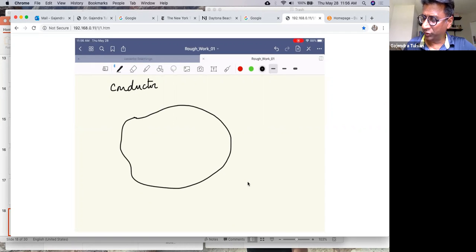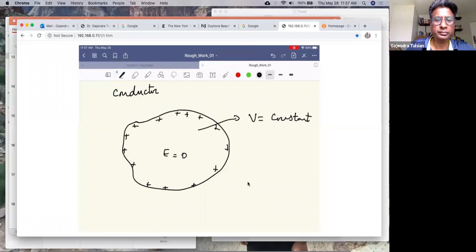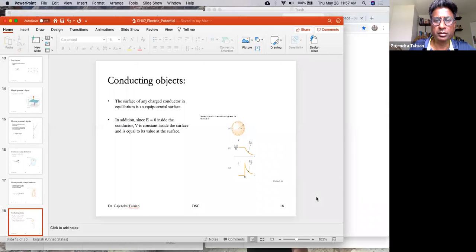If you go to a store and buy some charge, and throw it on the conductor, the charge will reside on the surface. So that's one thing we can say. The second thing we can say is E equals 0 inside the conductor. And now from this chapter, what we can say is V is constant everywhere on the conductor. Okay. So we learned 3 things now about charges on conductors.